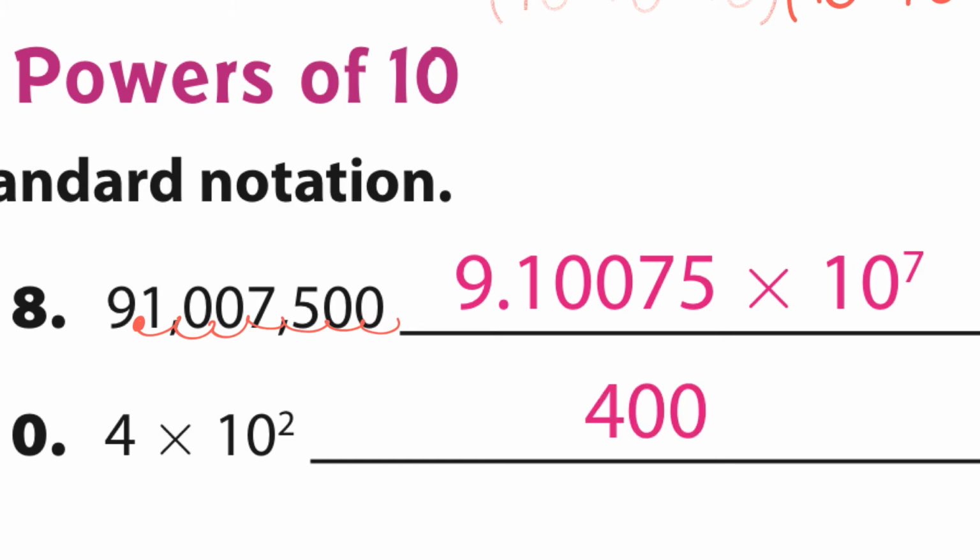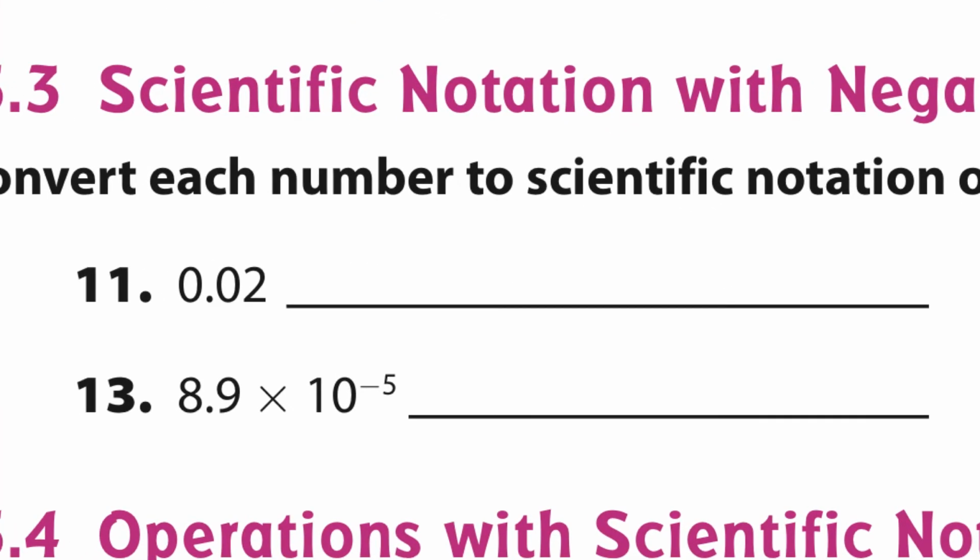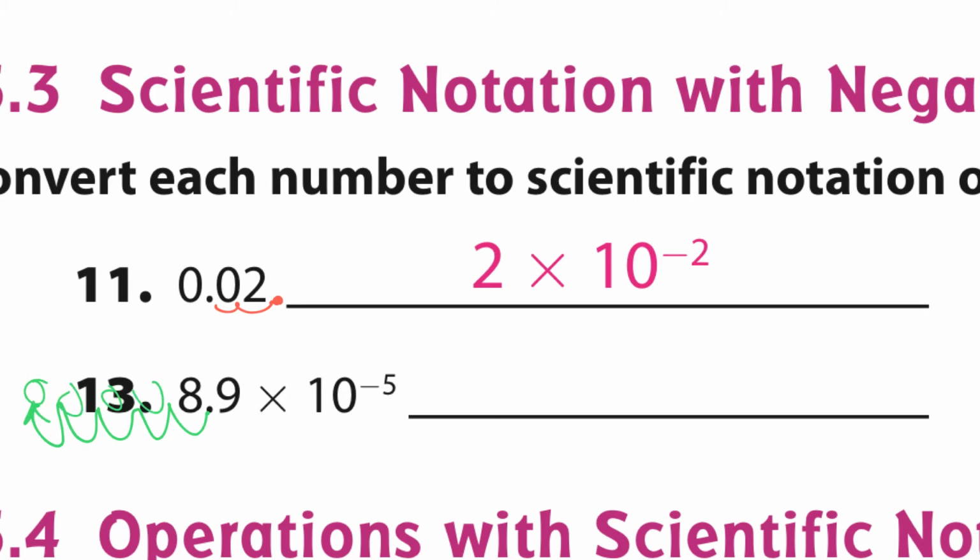400. Now we have negative powers of 10. So this, if I place the decimal right there, I have to move it 2 times to the left, so it's a negative 2. 2 times 10 to the negative 2, because that negative 2 tells you move the decimal to the left 2 times to make that number. 5 times to the left means it's going to be this. 1, 2, 3, 4, 5 times to the left, and you fill this in with zeros, so it's going to be 4 zeros, and then 8, 9.